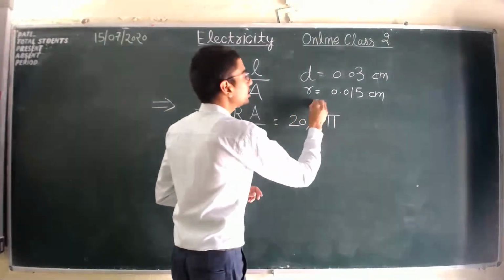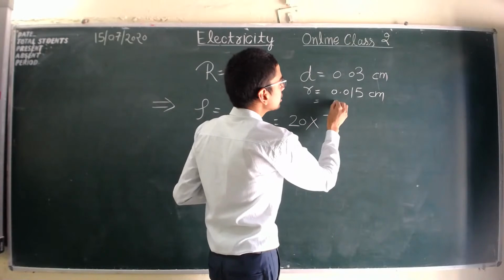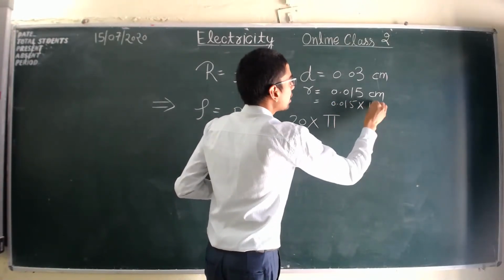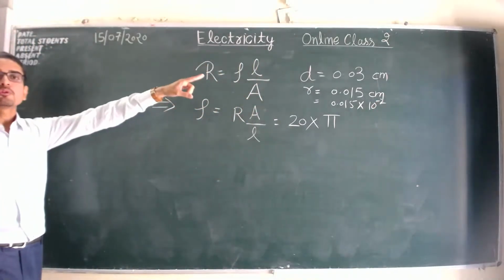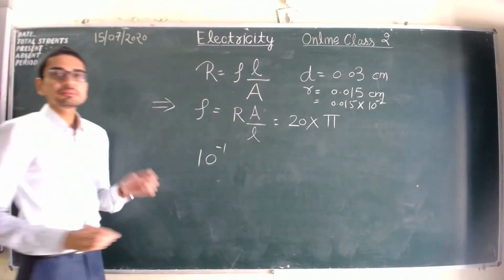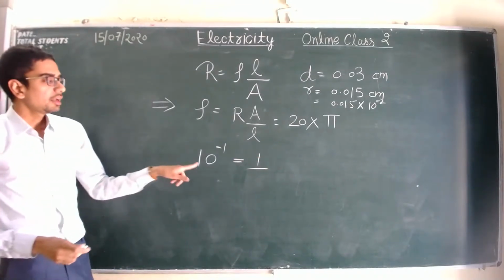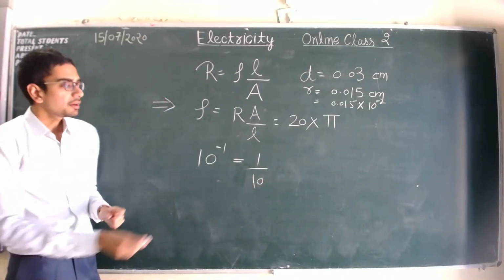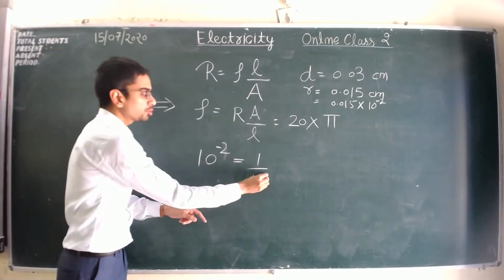And you have to convert it into SI units, meters. So it will be 0.015 into 10 raised to power minus 2. And what is 10 raised to power minus 2? Some of you don't know. If any power is negative, it means it is reciprocal. 10 raised to power minus 1 means 1 by 10. 10 raised to power minus 2 means 1 by 10 square.